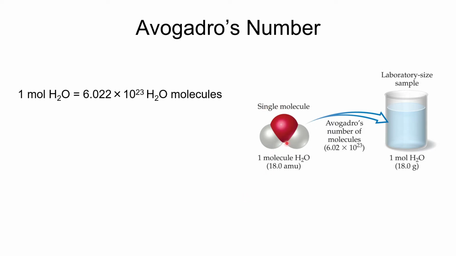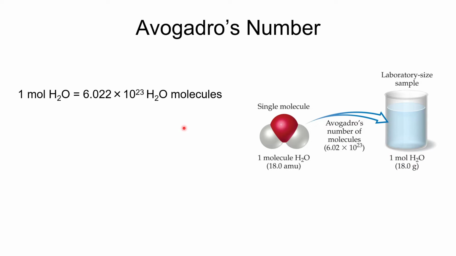And so 1 molecule of water weighs about 18.0 atomic mass units, whereas 1 mole of water, which is 6.022 times 10 to the 23rd water molecules, is going to weigh about 18 grams. All right, 18.02 if we want to go out to another sig fig, as we saw a minute ago.